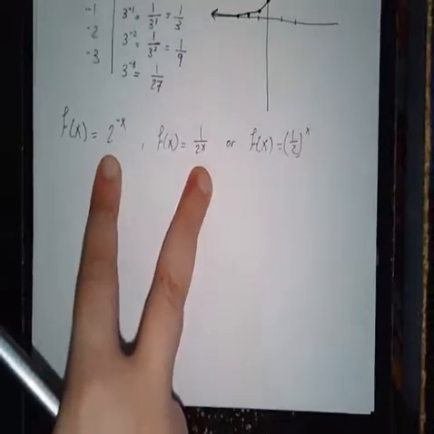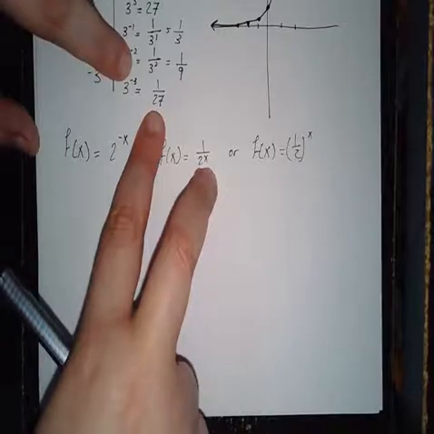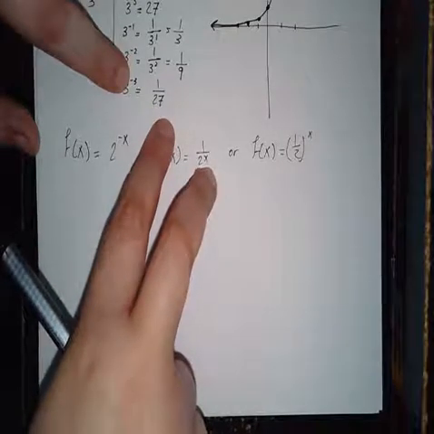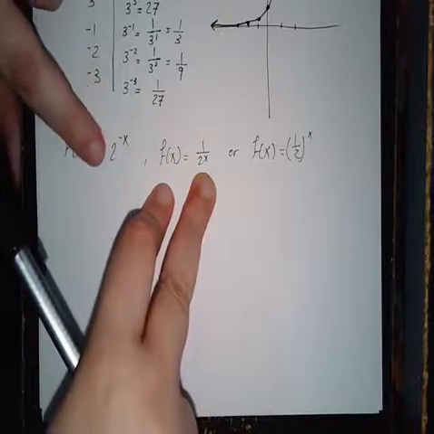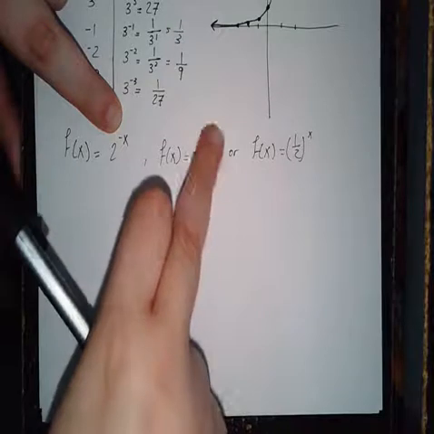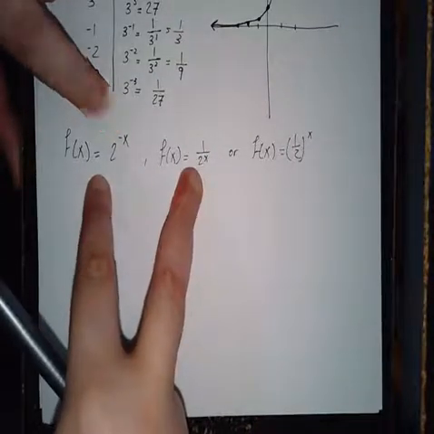Think of what we did right here. 3 to the negative 3. The answer is supposed to be 27 when it's just 3. So since it's negative, it goes in the bottom. So 2 to the negative x power means it's going to be 2 to the x power in the denominator. Yeah? So the relation between these two is kind of obvious.